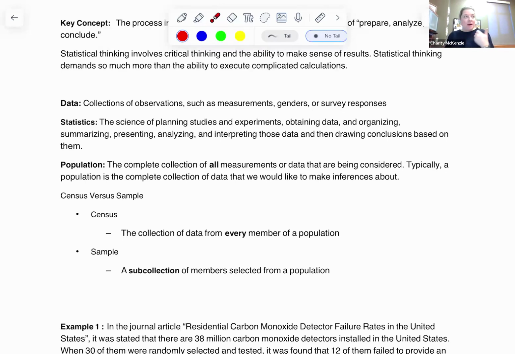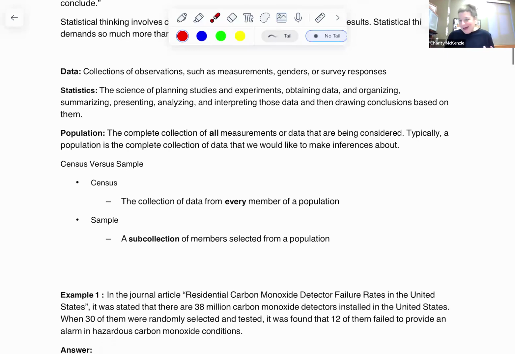We could make people walk in and step on a scale and we get their weight, their measurement, right? We could do a survey and ask people questions. So lots of ways to collect your data. Some are good, some are bad. We're going to talk more about data.